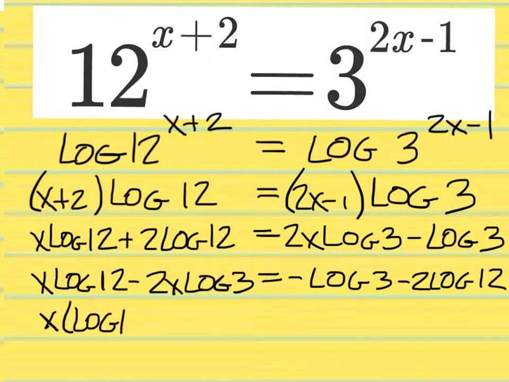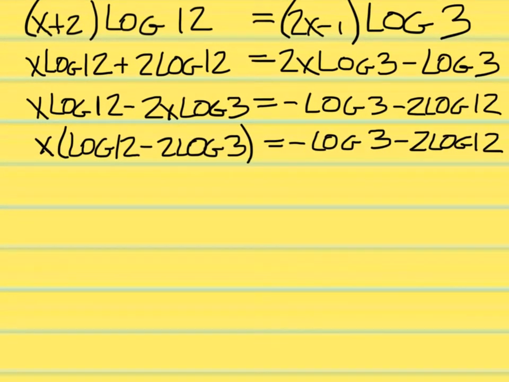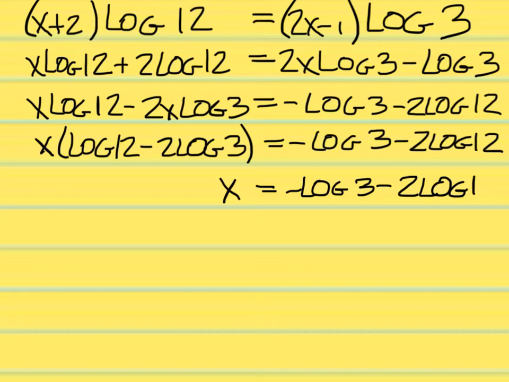X times the quantity, log 12 minus 2 log 3. And then on the right hand side, it's going to stay the same. Alright, to get your answer, you're going to have to do the right hand side divided by what is attached to the x on the left.